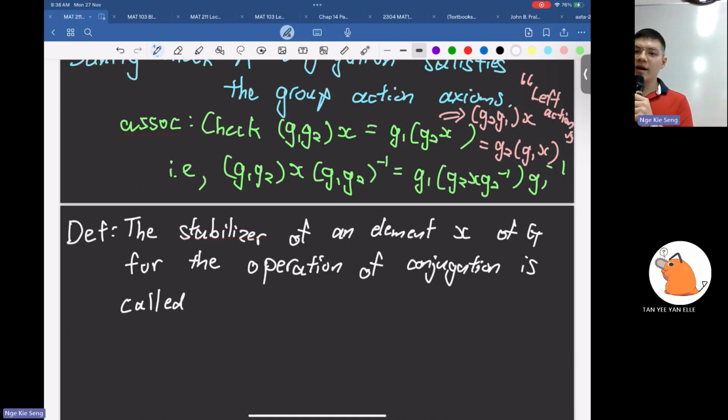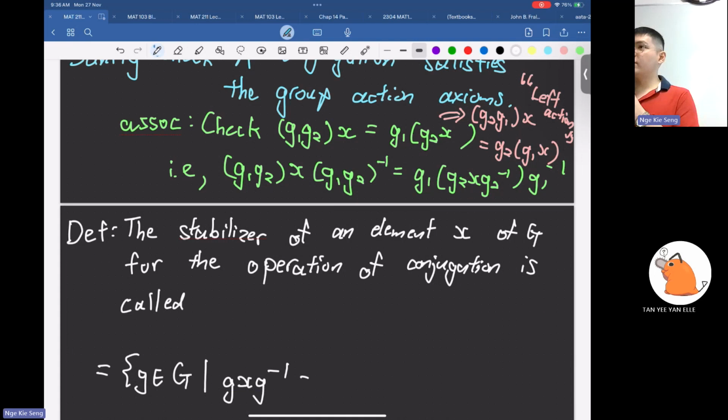What does it mean by this action fixes something? So let me write down. This group action fixes x means what? G x G inverse equals x, right? So what's this actually? Gx equals xg. What's this?